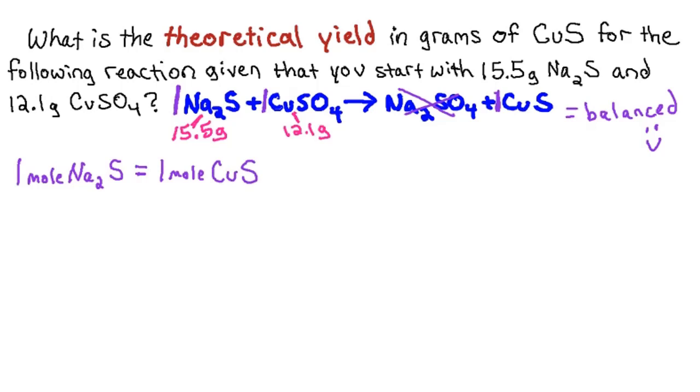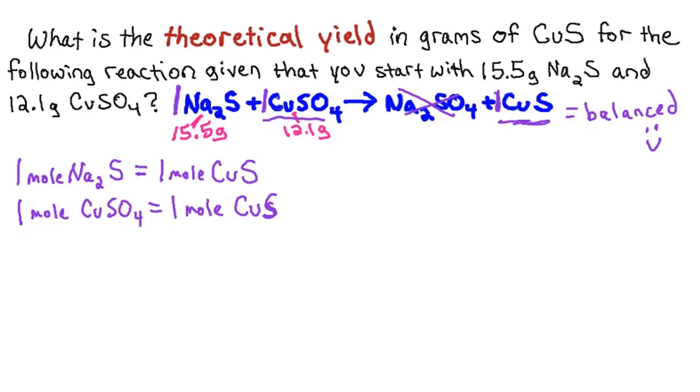And also, if we look at our reactants, 1 mole of CuSO4 is going to yield 1 mole of CuS as well. So we're taking these two reactants separately in their relationship to the product CuS.